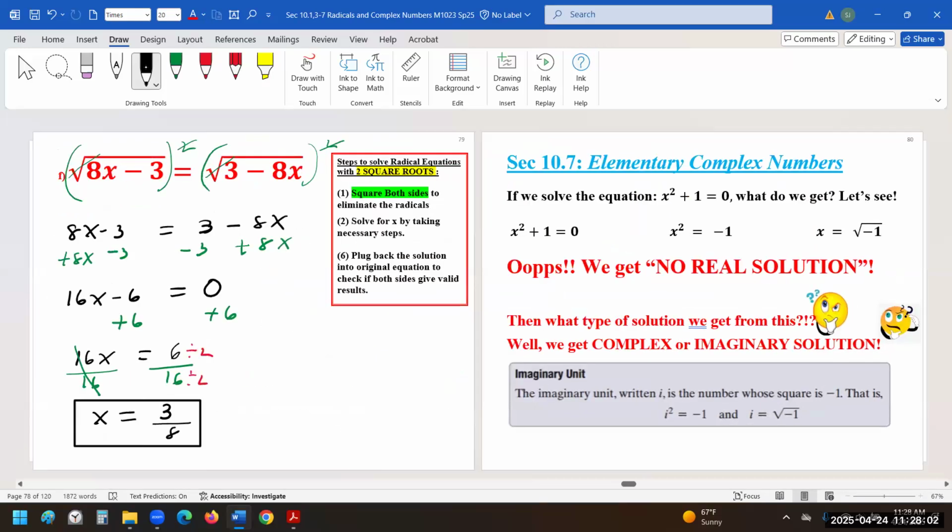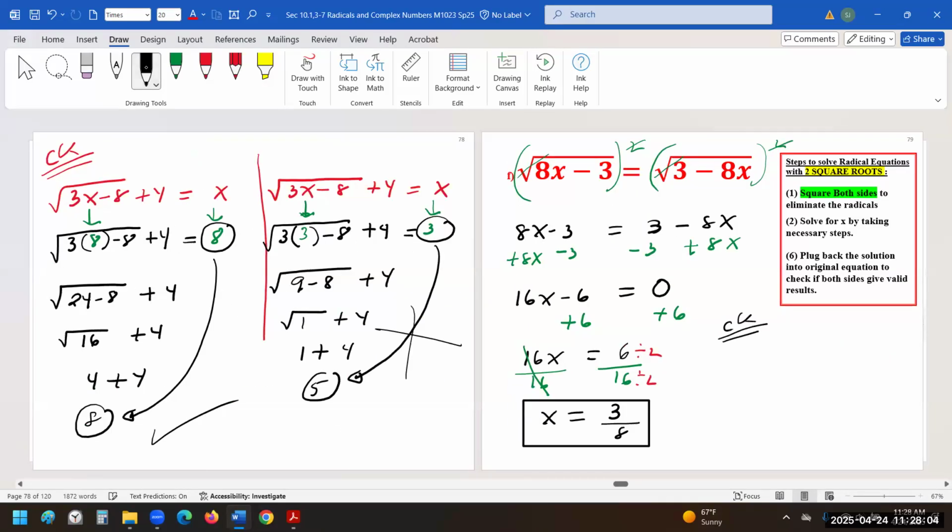Okay, now let me do the checking here. Square root of 8x minus 3 equals square root of 3 minus 8x.